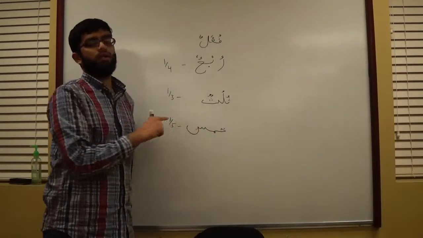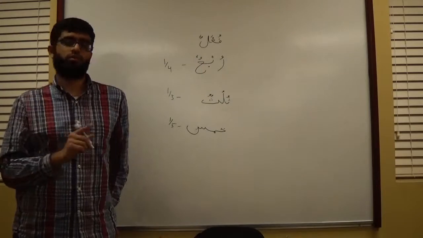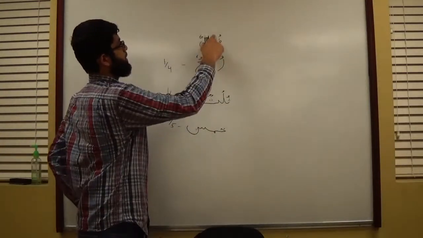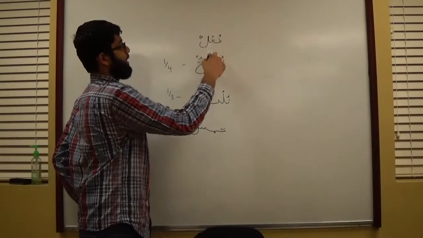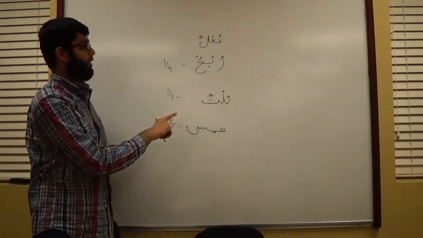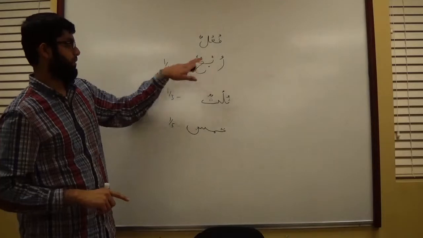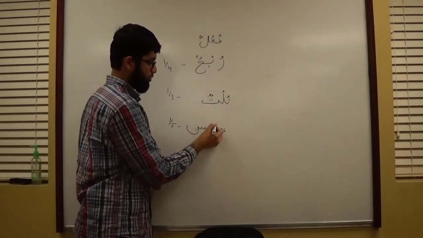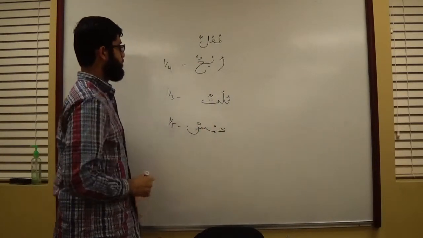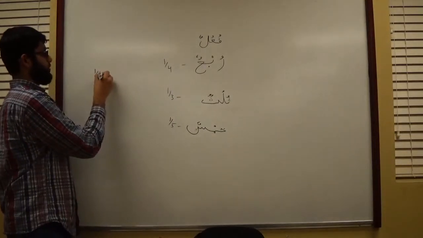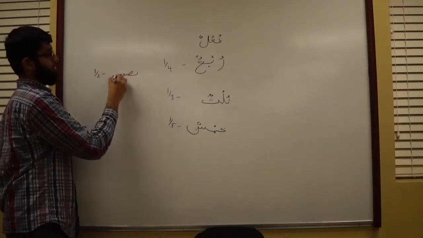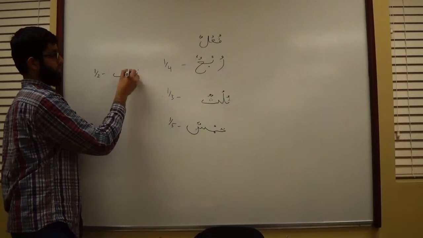And 1/6 is sudusun, سدس. So the pattern is fu'ulun, but except for 1/3 and 1/6, it comes up as a sukun. The only exception is 1/2, which is نصف, nisfun.